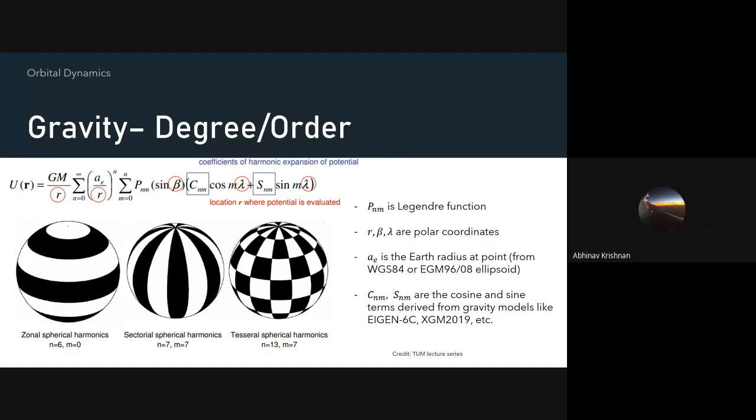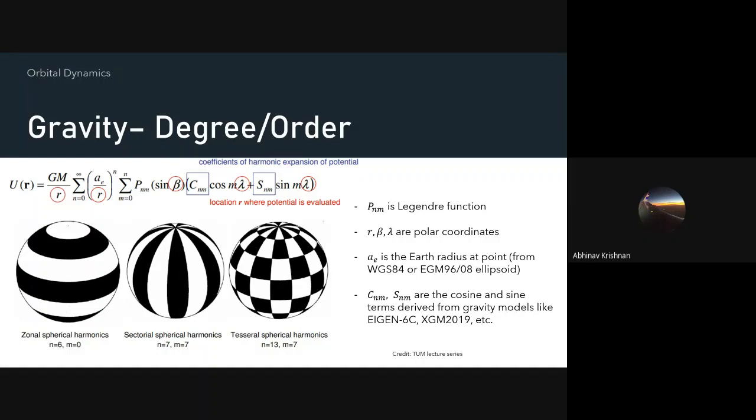Because Earth is not a smooth surface, it has bumps on it because of mountains, valleys, rivers, seas, and so on. These points represent the exact areas where you want to calculate the acceleration, right?